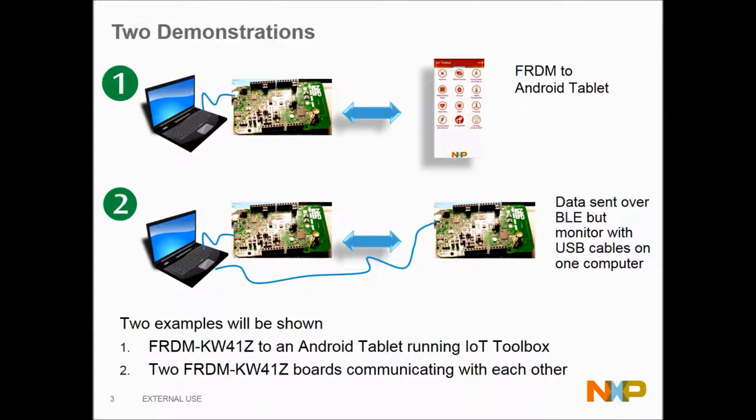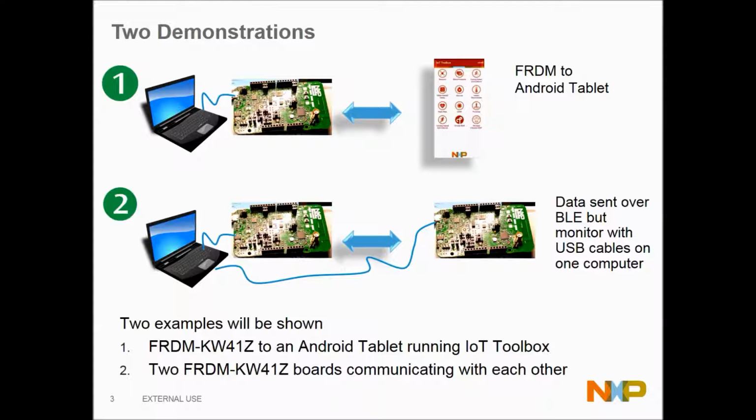Two different demonstrations. The first one will be between the Freedom KW41 board and an Android tablet that's running the IoT software called IoT Toolbox, which will allow it to do a wireless UART transfer. The second example will be between two Freedom boards. Rather than using two PCs, there'll be one PC used with two different COM ports, so don't get confused.